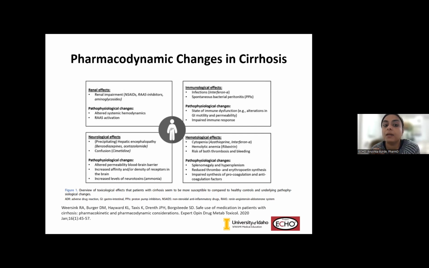When people who have cirrhosis are given medications such as NSAIDs or RAS inhibitors, which inhibit the prostaglandins and angiotensin 2, a vasoconstrictor that is released, it can cause acute renal failure or injury.